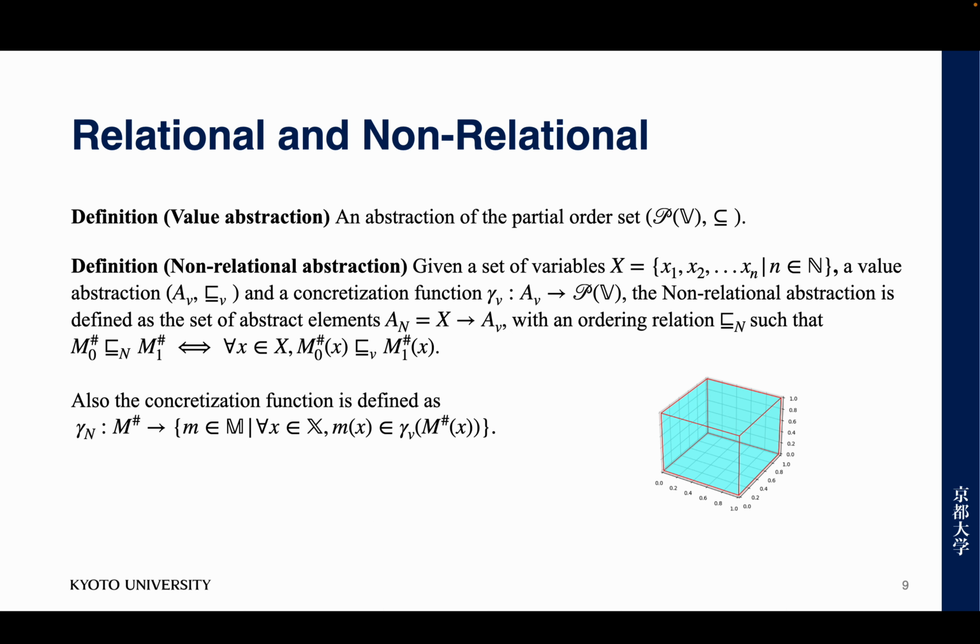So for two complex numbers, a1 plus b1 i and a2 plus b2 i, if and only if a1 is smaller or equal to a2 and b1 is smaller or equal to b2, we name it a valid abstraction.